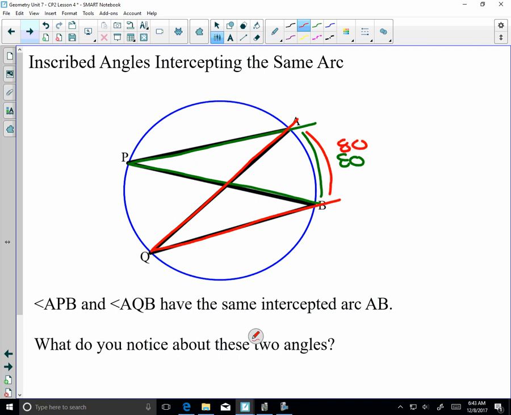So they're both 80s. If that happens, remember, we're working to the small side of the angle all the way across the circle. We're going twice the distance, so we have to take the 80 and cut it in half. So this angle is a 40, and since it shares the same arc, this angle is a 40.